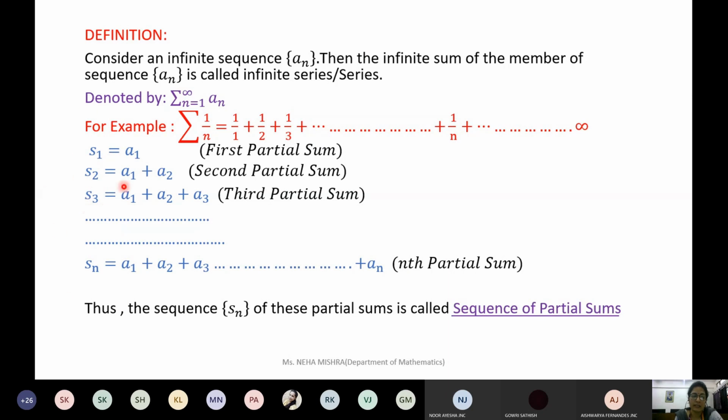So all these S will form a new sequence of partial sums. All of you understood till here? Is there any doubt on this slide? Gomti, did you understand? Yes, ma'am.